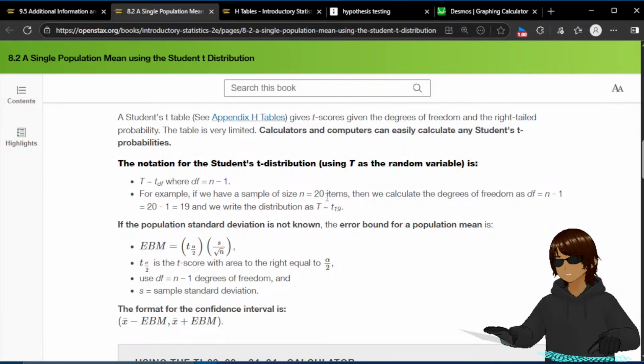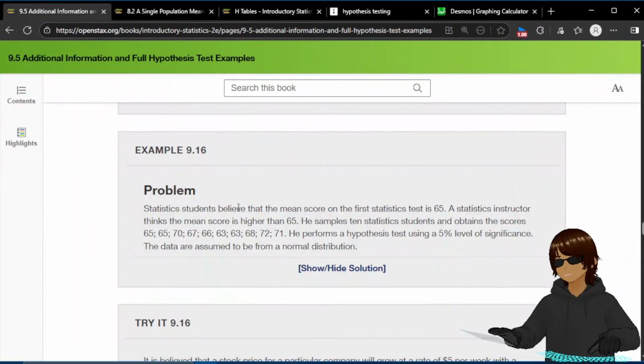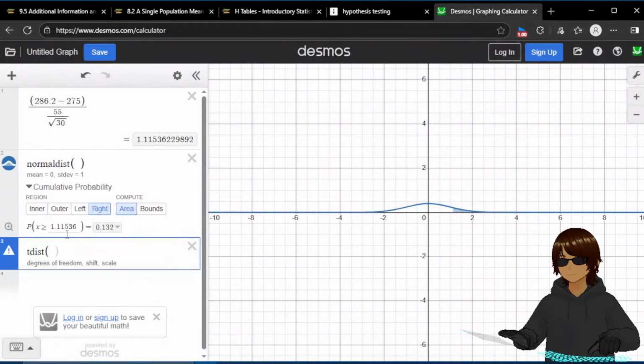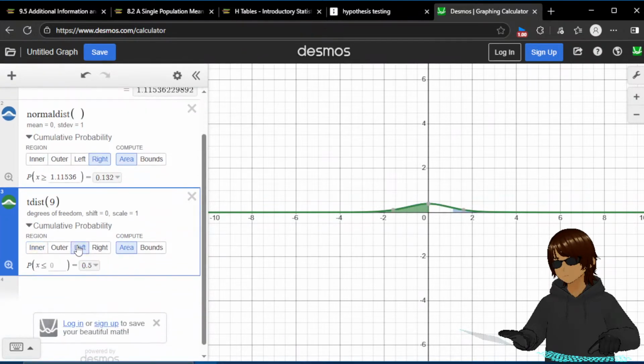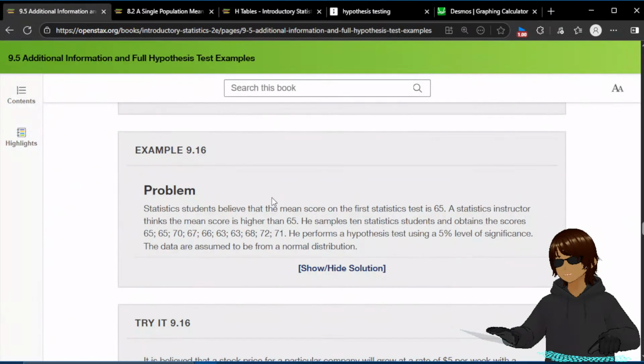With a sample size of 20 items, we calculate the degrees of freedom as 19. Over here, degrees of freedom is 9, right? Degrees of freedom is 9. The first statistics test mean is 65.